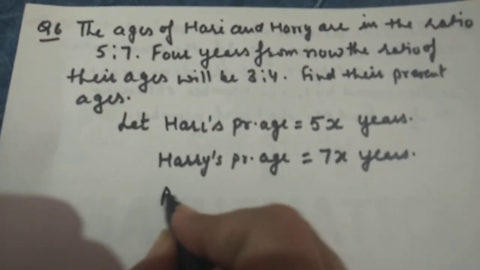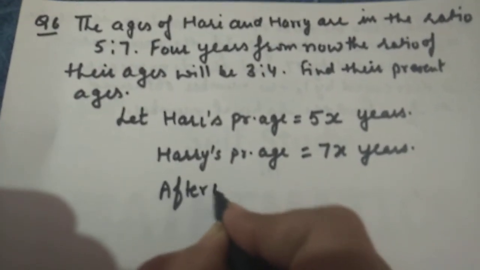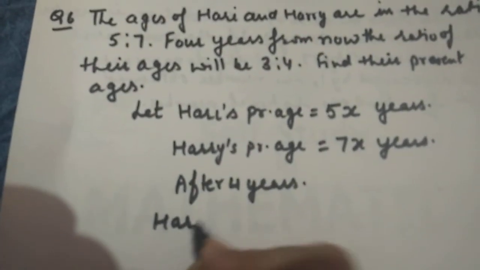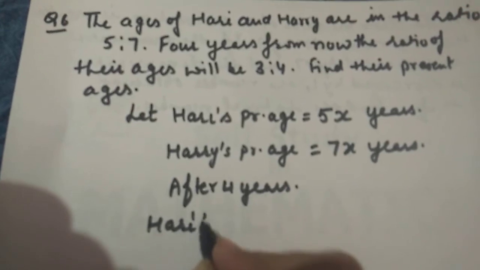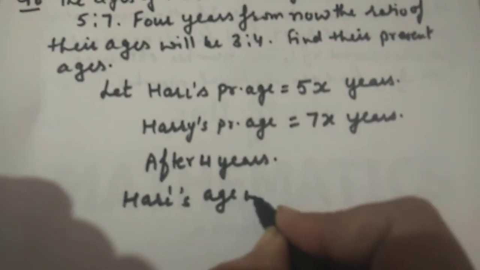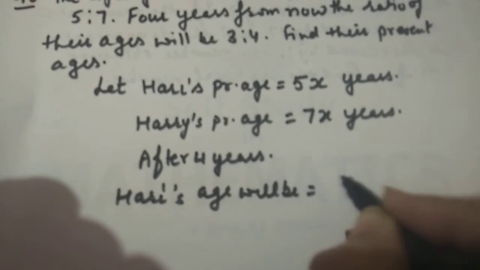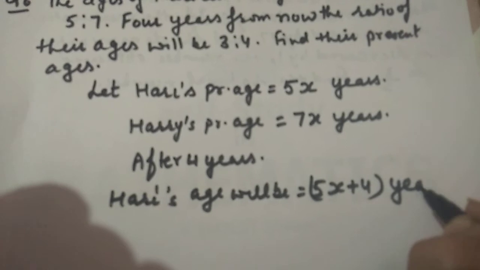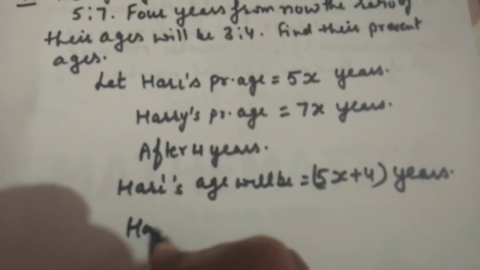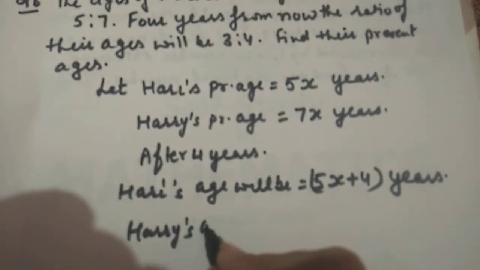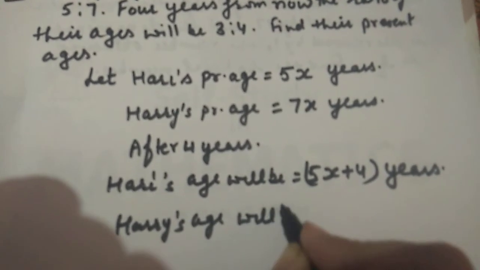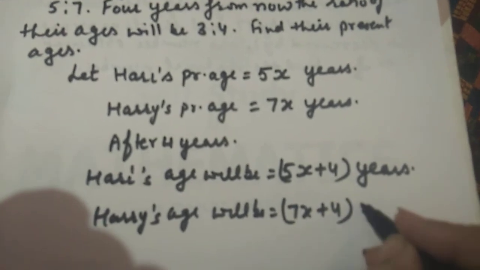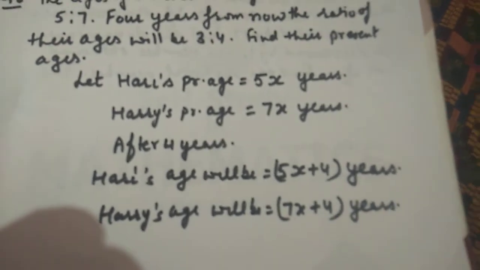Now he says after 4 years, Hari's age will be 5x plus 4 years, and Harry's age will be 7x plus 4, means to their present ages we'll add 4 years.